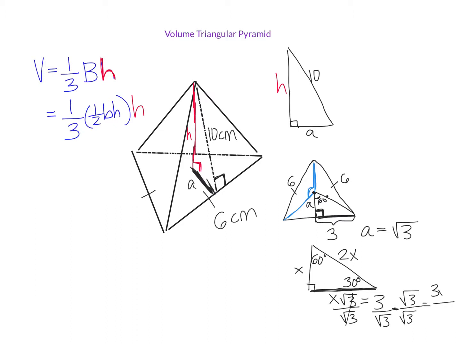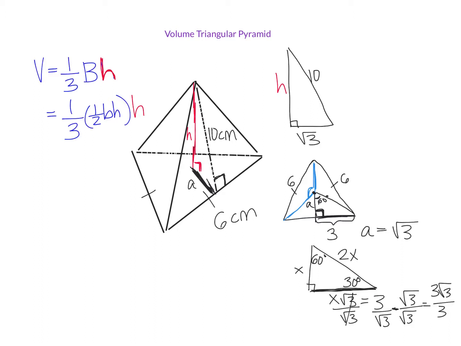This becomes 3 times the square root of 3 over 3. The 3 in the numerator cancels out with the 3 in the denominator, and we're left with the square root of 3 to represent our apothem. Okay, so I'm going to go ahead and erase this little a that we had right here because we just solved and found out that that was the square root of 3.